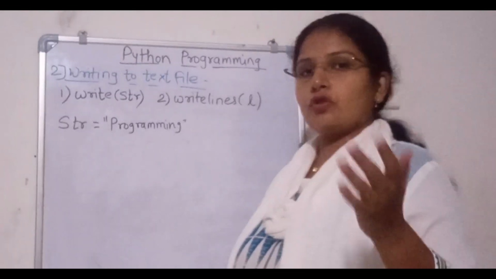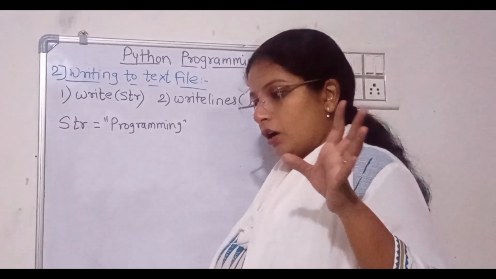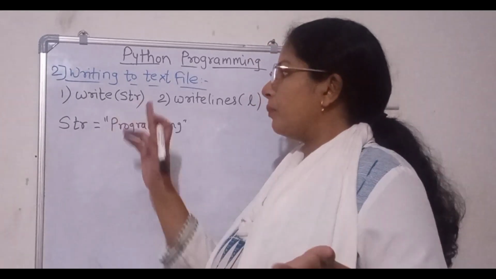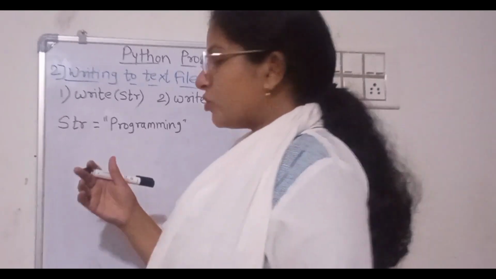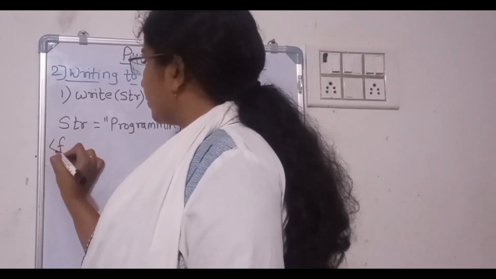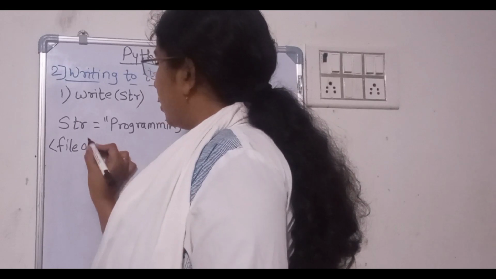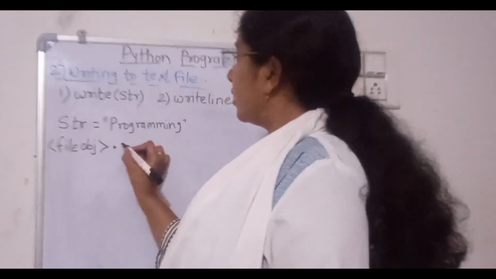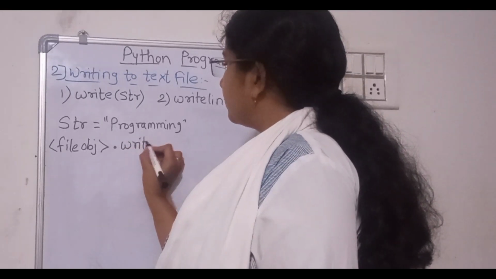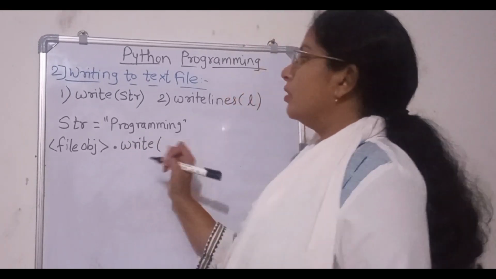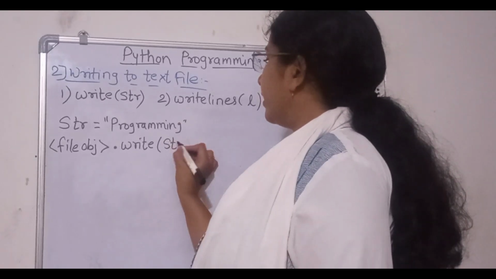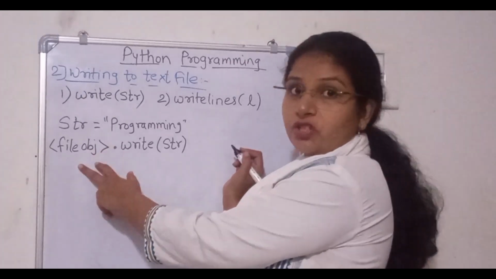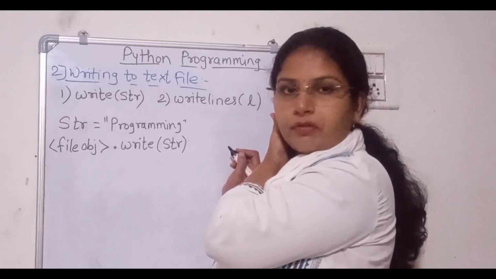Then, assuming that you have already created the file object, how do you call the write method? You use the file object with the dot operator, the write method, and here you just place the content, str. So you have created the file object first by opening the file.